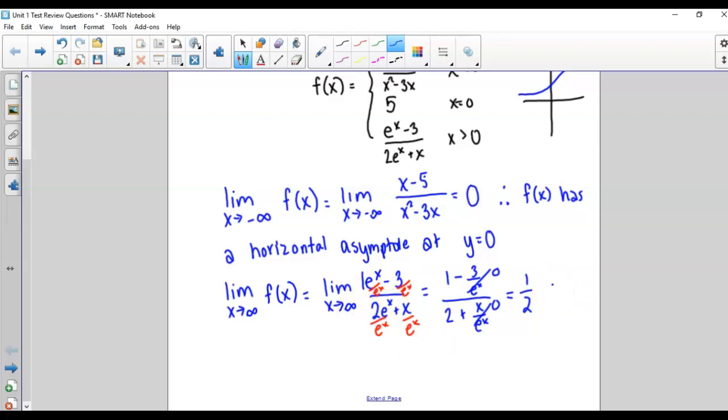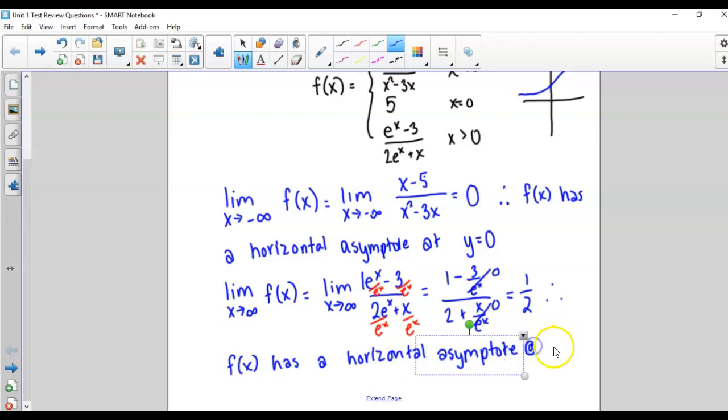So we would say, therefore, f of x also has a horizontal asymptote at y equals 1/2. So that right side, we have a horizontal asymptote that y equals 1/2.